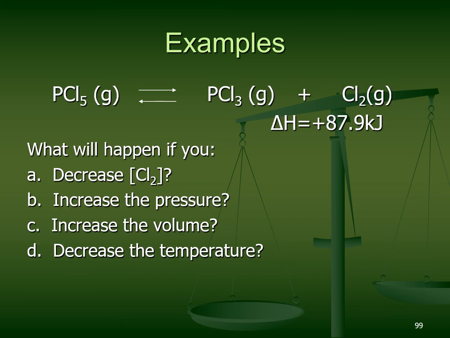Okay, well, since chloride is a product and you decrease it, it should shift to the right. If you increase the pressure, increasing the pressure means shifting to the side with fewer gas molecules, which is the left. Increasing the volume, you're decreasing the pressure, which means it will do the opposite, it will shift to the right.